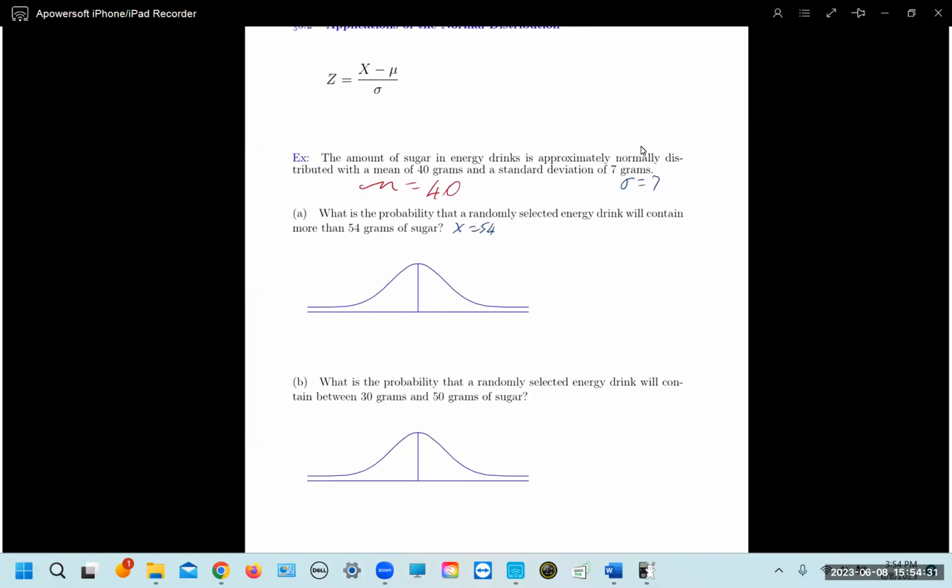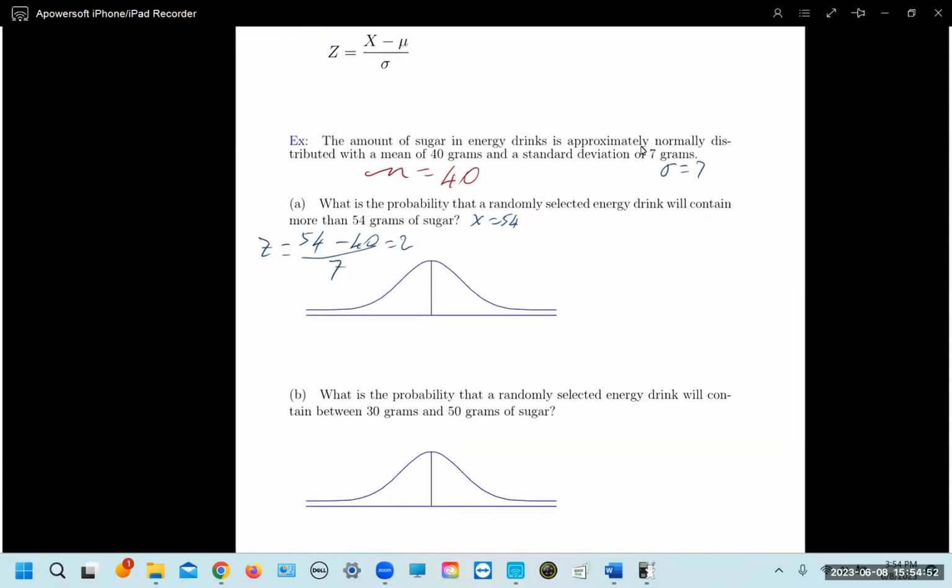So we got Z equal 54 minus 40 over 7. So we got this 2. So we have a 2.